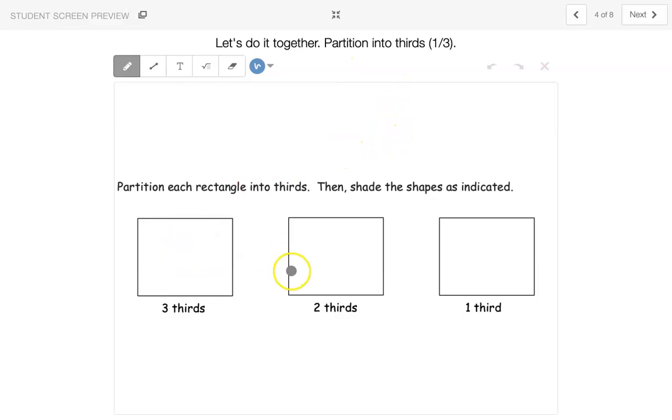So we're going to take each one of these rectangles and we're going to partition them into thirds, and then we're going to shade according to the directions that were given. So let's do the first one, and you can do it on your paper. And we are going to partition them into thirds.